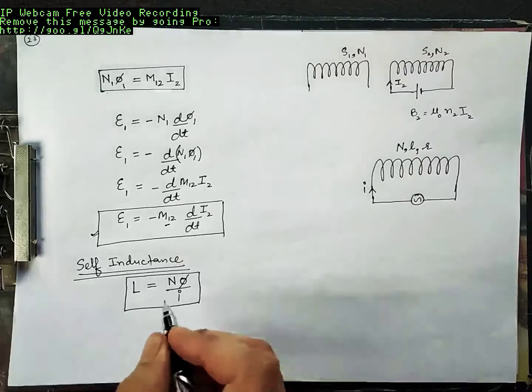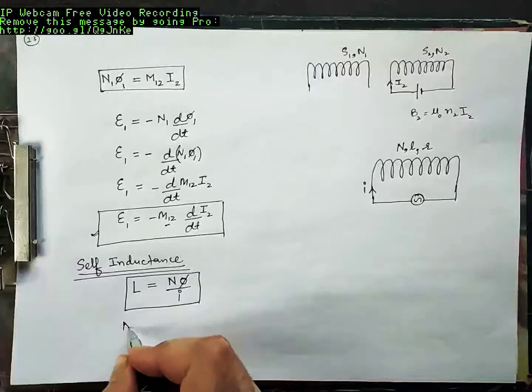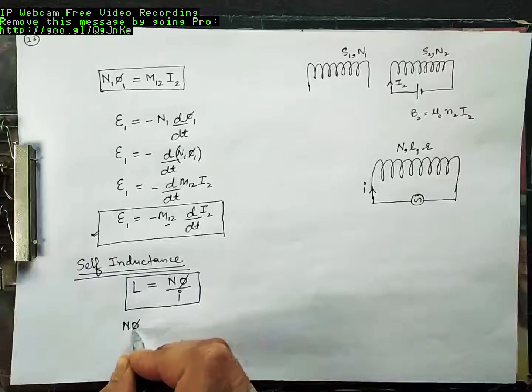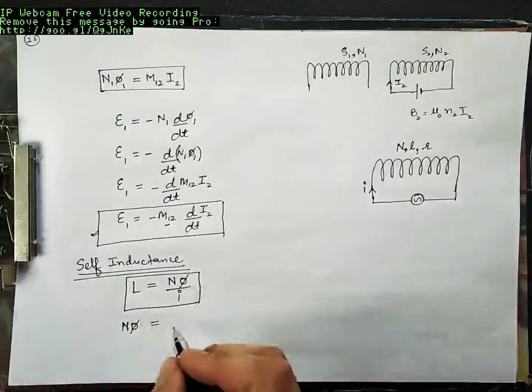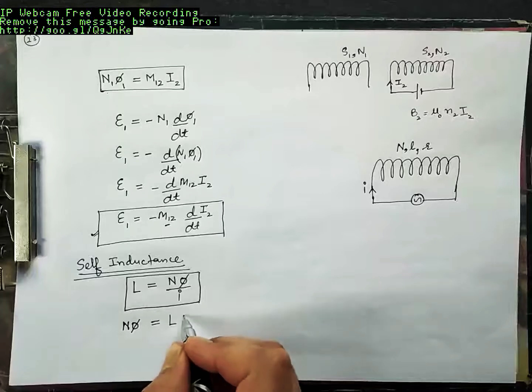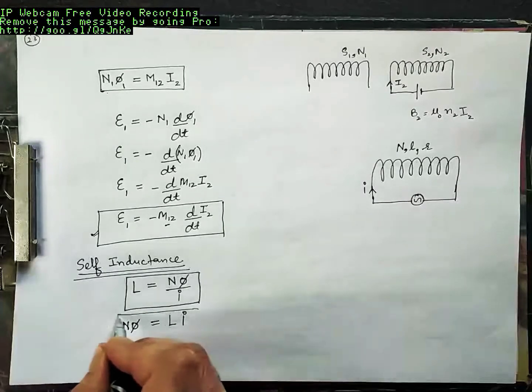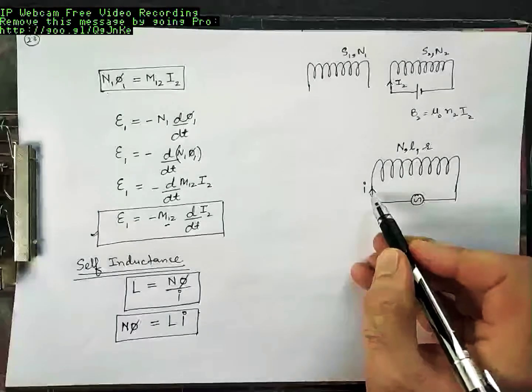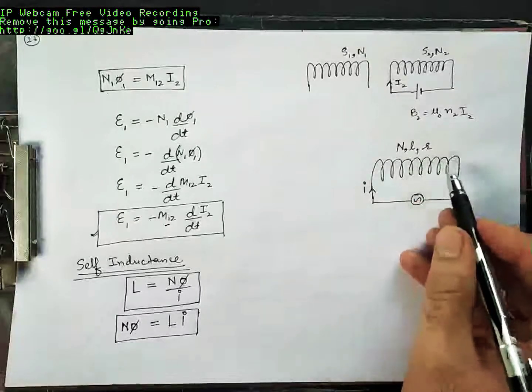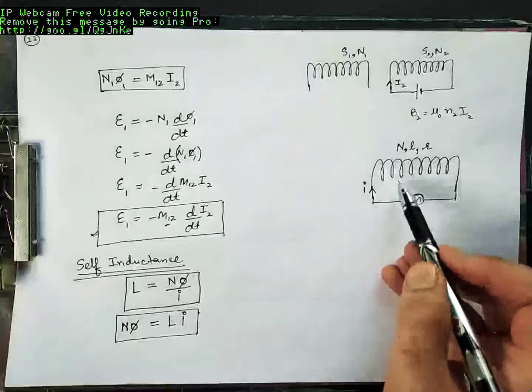Or we can write it like this: the total flux N phi through a coil is equivalent to inductance L times current I. If this current is more, the flux through this coil is obviously more, because the magnetic field will be stronger.